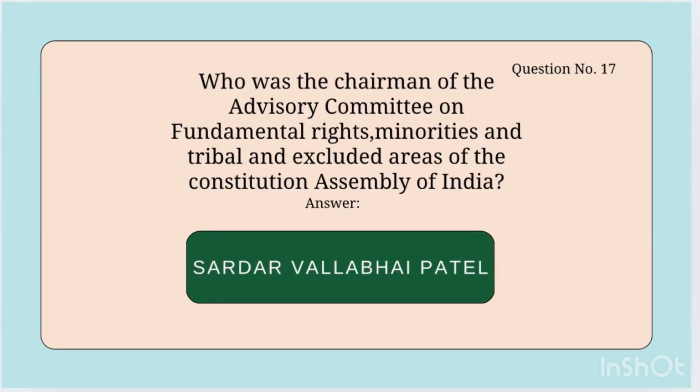The next question, who was the chairman of the Advisory Committee on Fundamental Rights, Minorities, and Tribal and Excluded Areas of the Constituent Assembly of India? The correct answer is Sardar Vallabhbhai Patel.